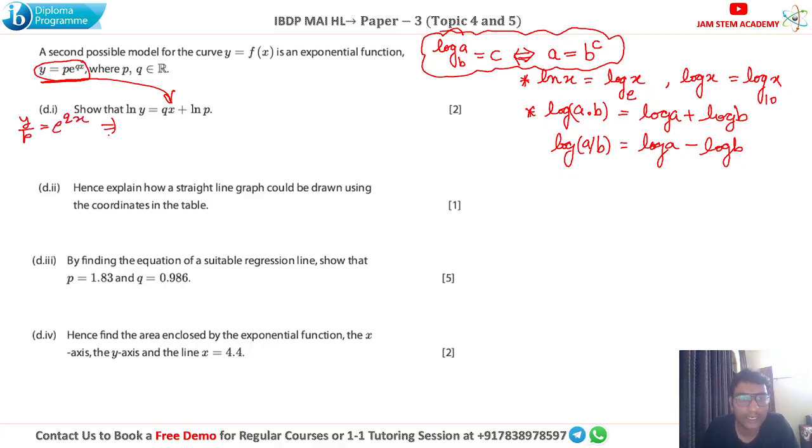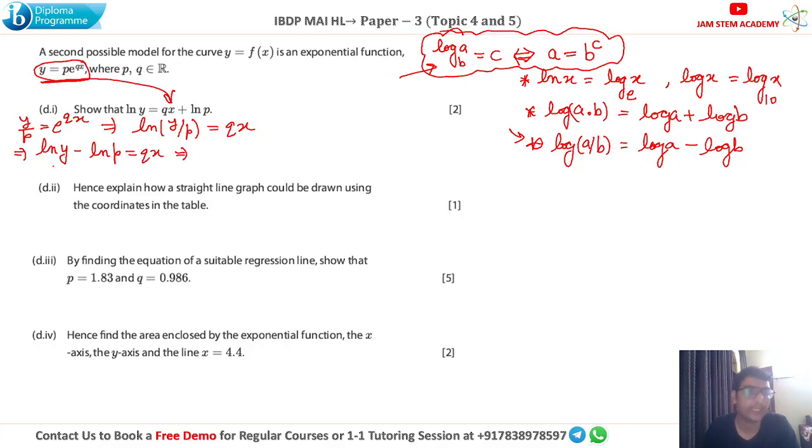Now using the definition I can say natural log of y by p equals qx. Here I am just using the definition only. After that, I will use this property of the logarithm that says log a by b equals log a minus log b. That gives me natural log of y minus natural log of p equals qx.